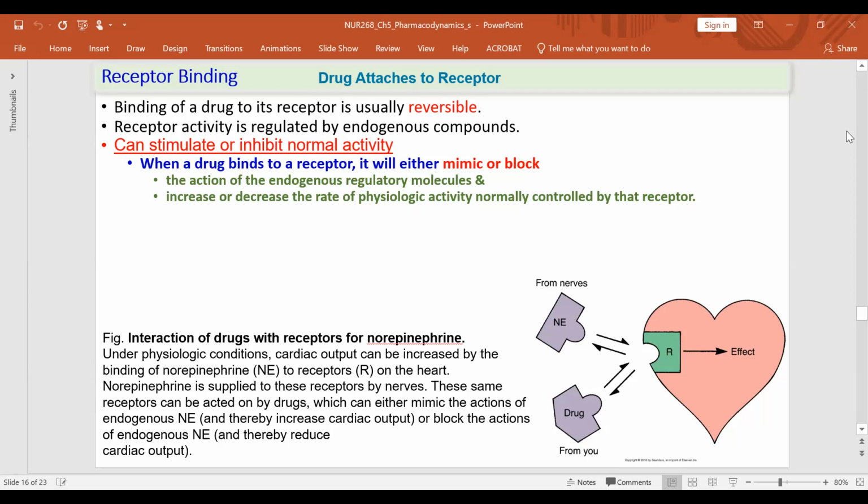This is one of the most important concepts in drug receptor interactions: when a drug binds to a receptor, it will either mimic or block that receptor.